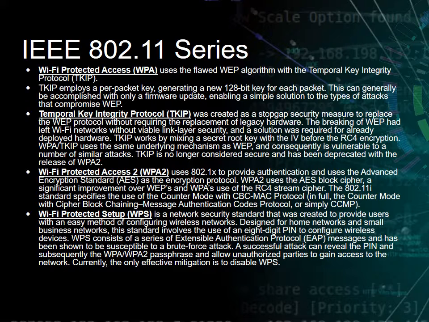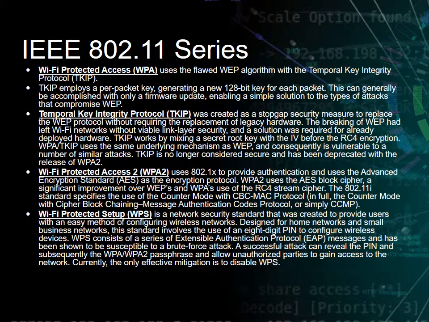So let's talk about the Temporal Key Integrity Protocol. It was created, like I said, as a stopgap to replace the WEP protocol without requiring a replacement of legacy hardware. The breaking of WEP had left the Wi-Fi network without viable link layer security, and a solution was required for the hardware that was already deployed.